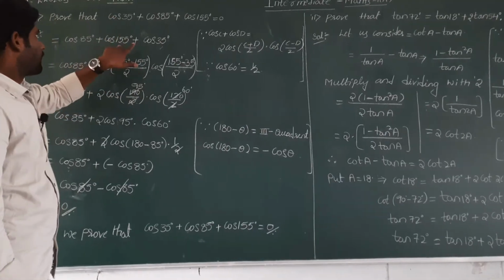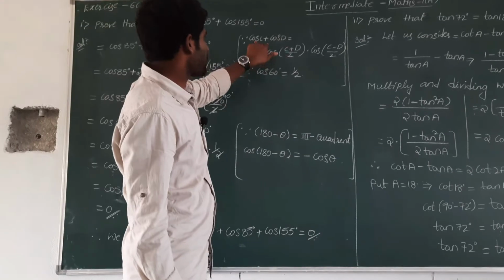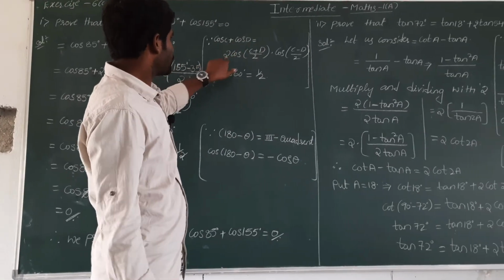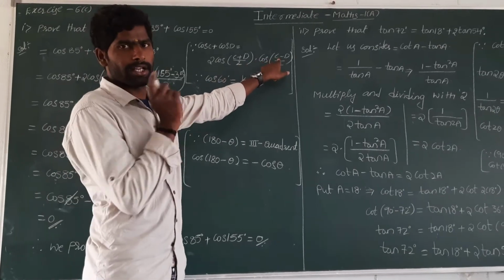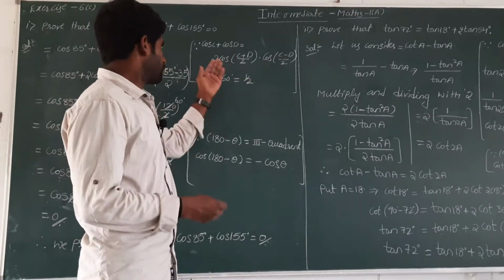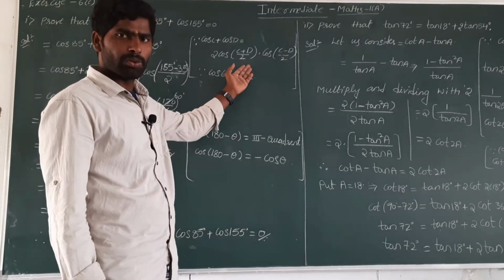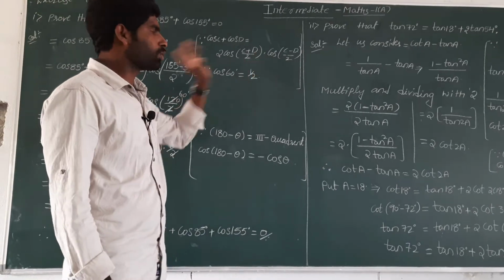So these two terms I can use from this formula: cos C plus cos D is equal to 2 cos (C plus D) by 2 into cos (C minus D) by 2.